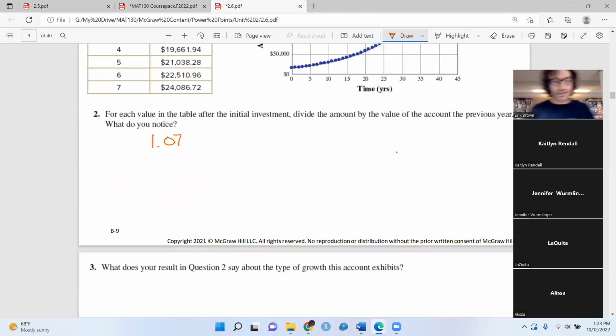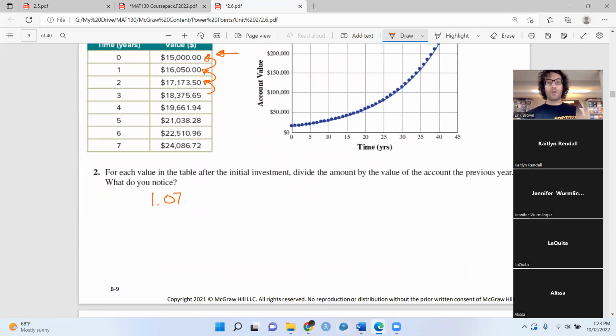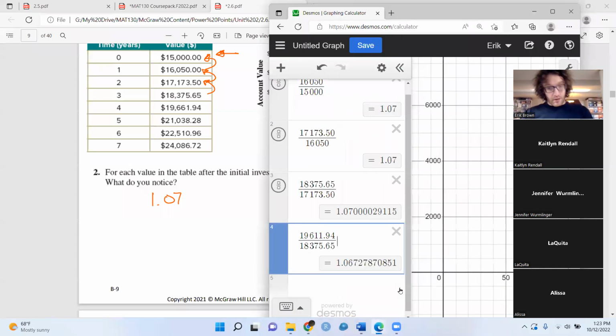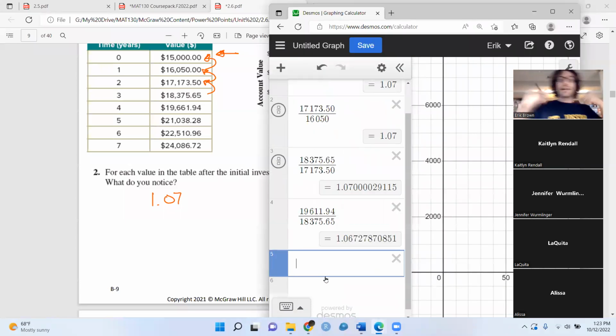And that tells us this is exponential growth. Another way to think about this is that the number we found is what we multiply by to get the next one.